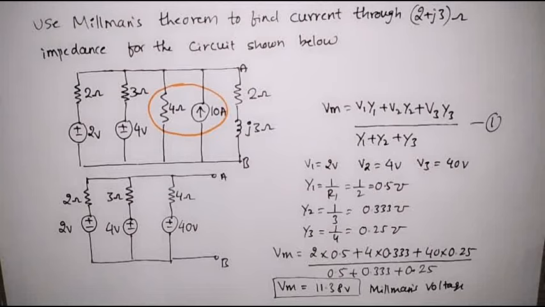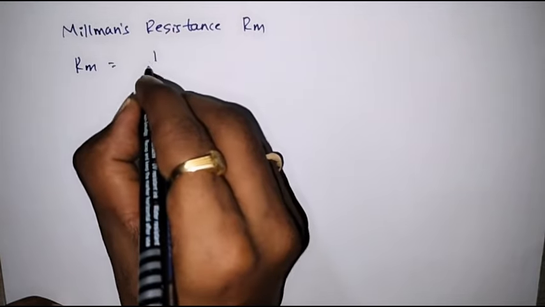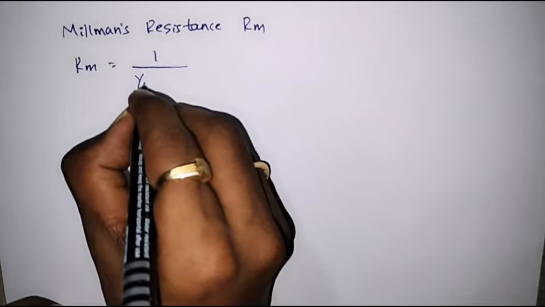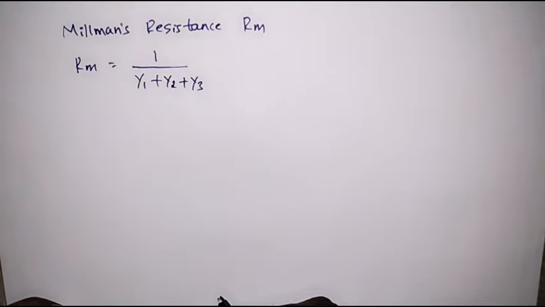Now let us find Millman's resistance Rm, which is given by Rm is equal to 1 upon Y1 plus Y2 plus Y3.